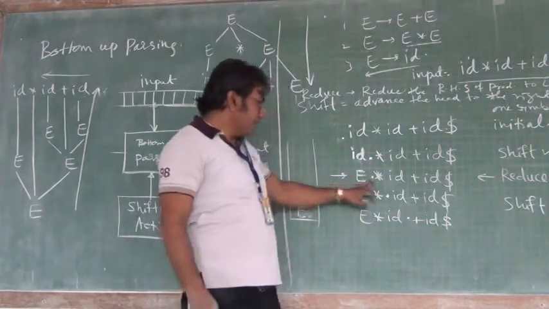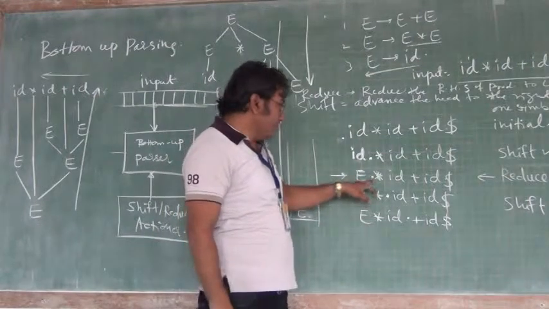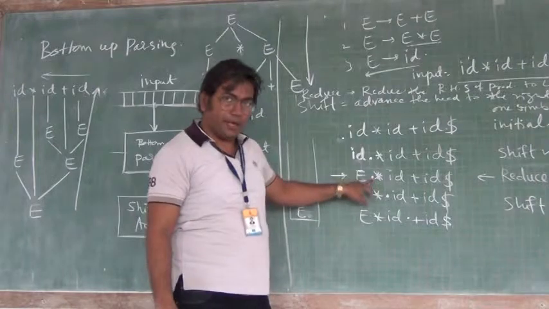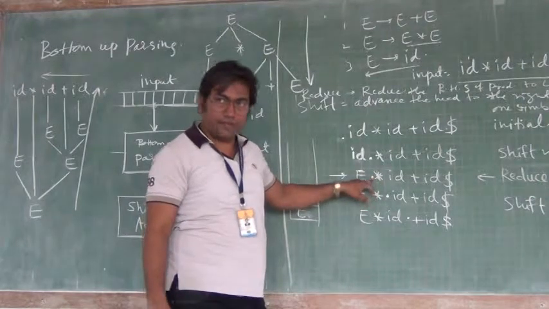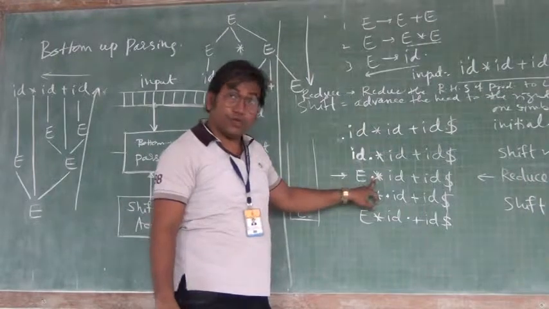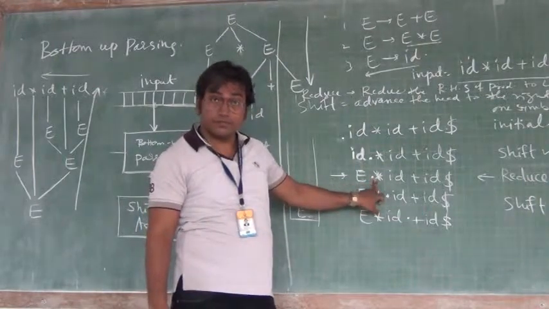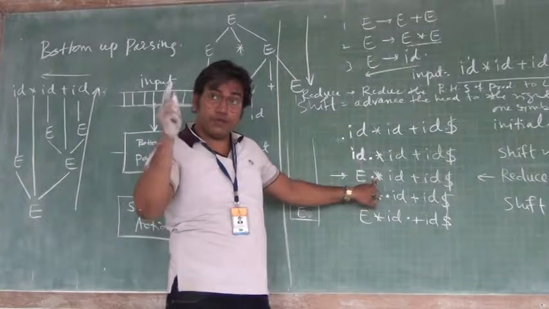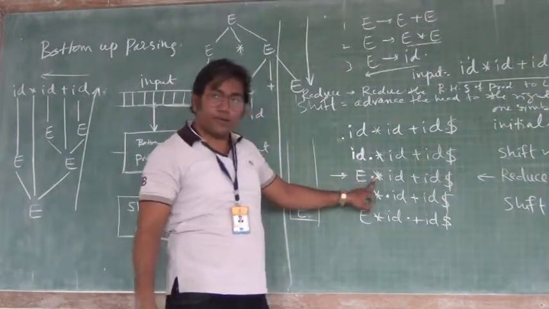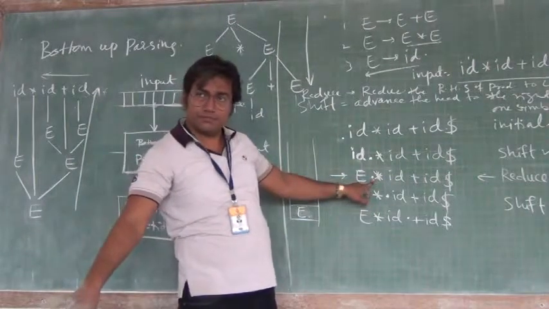So again, यहाँ पे क्या देखना है आपको? यहाँ पे अभी इनपुट में हेड है आपका. So what do you need to do? Do you want to shift or reduce? At every point of time you have to think whether to shift or reduce. Being at this point, do you want to shift or reduce?